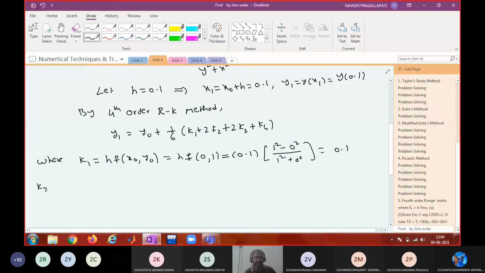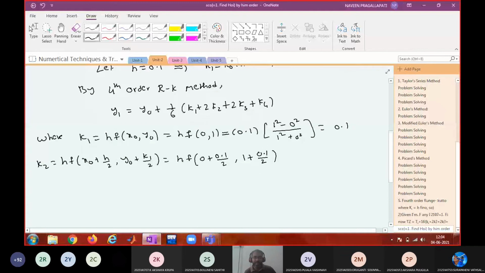Similarly, k2 is equal to h into f of x naught plus h by 2, y naught plus k1 by 2. x naught is 0 plus 0.1 by 2, y naught is 1 plus k1 is 0.1 by 2. So this is h into f of 0.05, 1.05.